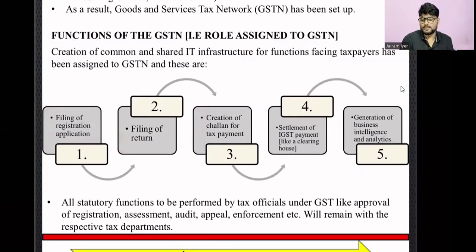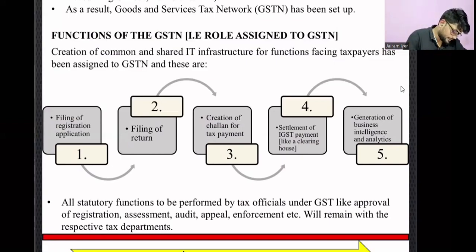So if you are facing any problem while filing your return or getting registered, you can visit the GSTN center and they'll do it for you at no cost. If you are eligible for registration, that application will also be filed by them. They'll also help you in filing returns. A challan for tax payment is required in cases such as where an e-way bill is there. We'll get to that in a later part.